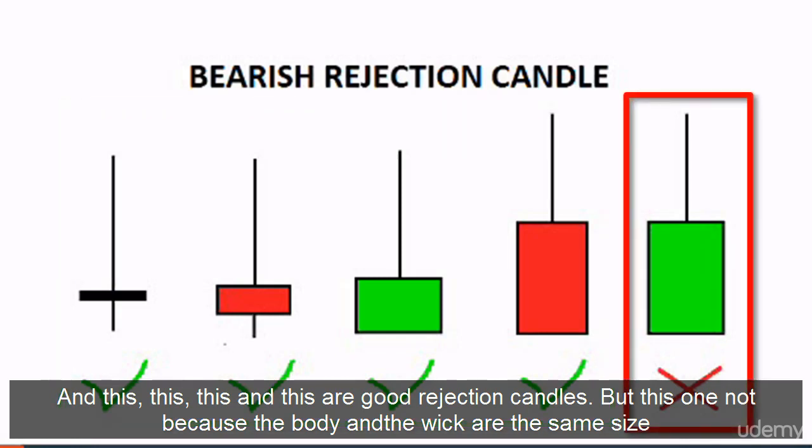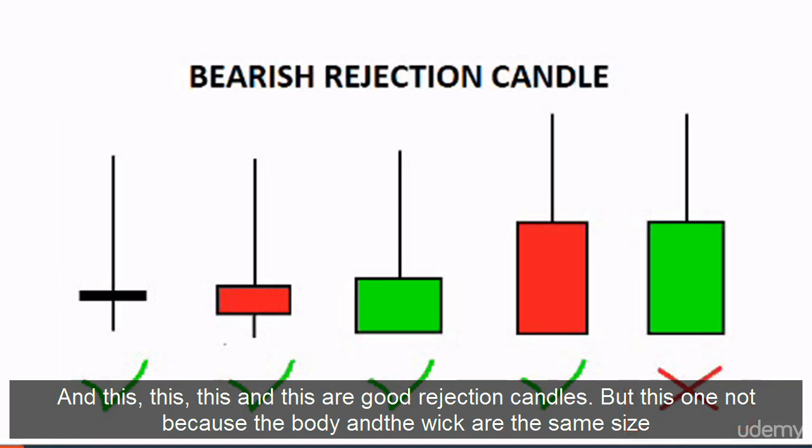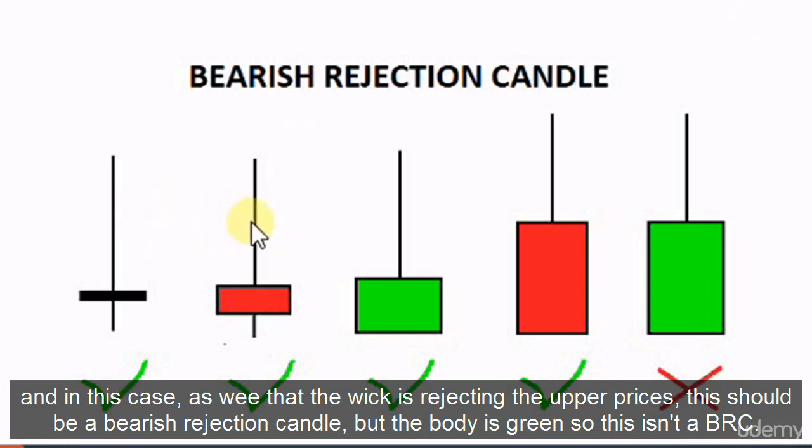But this one is not, because the body and the wick are the same size. In this case, we see that the wick is rejecting the upper prices, so this should be a bearish rejection candle, but the body is green, so this is not a bearish rejection candle.